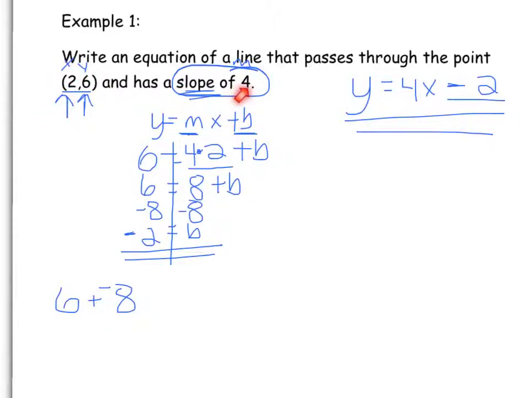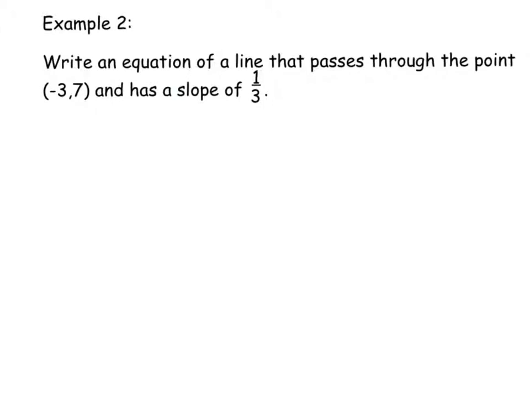And again, how we got that is we started out with the slope, so I wrote part of my equation, and then I plugged in the y for the y, the 2 for the x, the 4 for the slope, and I solved to get my y-intercept. Now remember what this tells us. This tells us that this line goes through -2, so it starts on the y-axis at -2, and it goes up 4 over 1, up 4 over 1. All right, example 2.